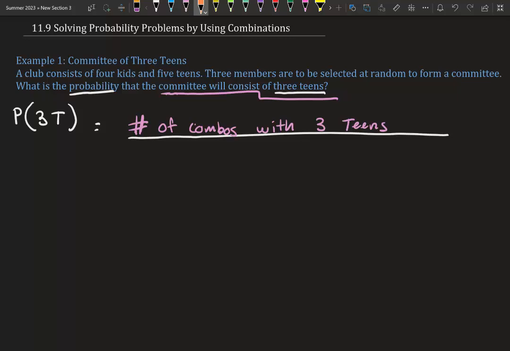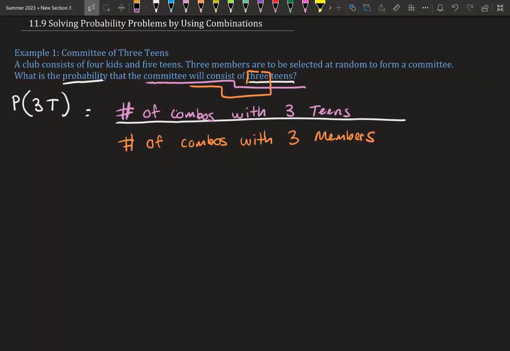So in this case, we're talking about a 3-member committee. So we have to find the combination for each of these, just the teens, and then what if we talked about everybody? So let's find our 3 teens.